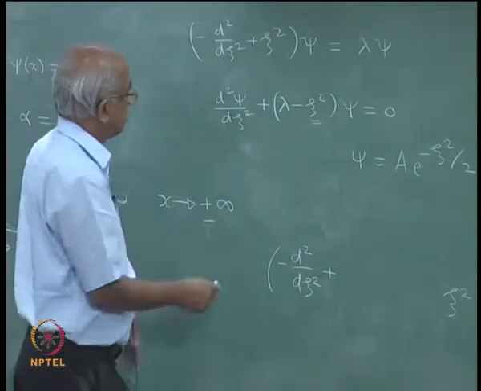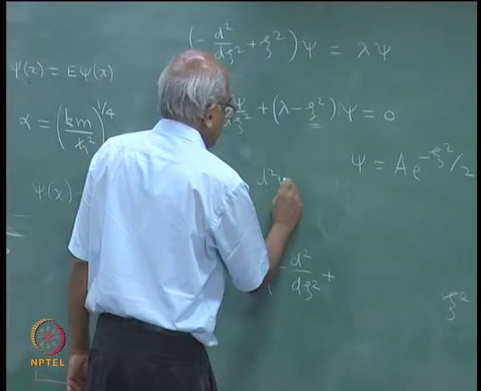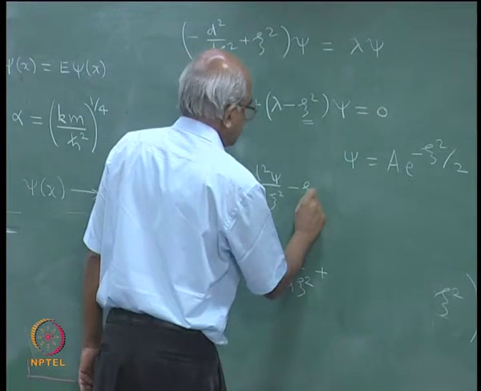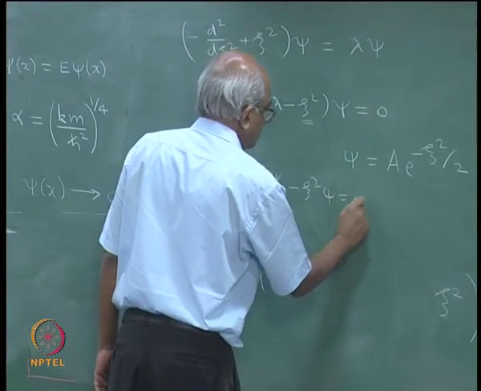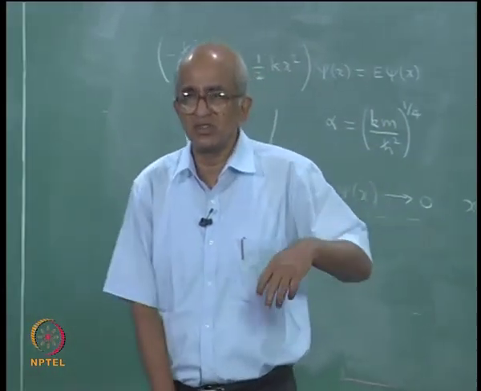So, in the asymptotic region, this differential equation will become d square psi by dx square minus c square psi is equal to 0. This is the form of the differential equation in the asymptotic region where c is very large.